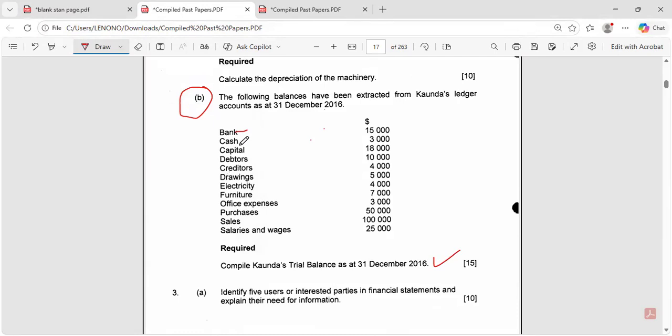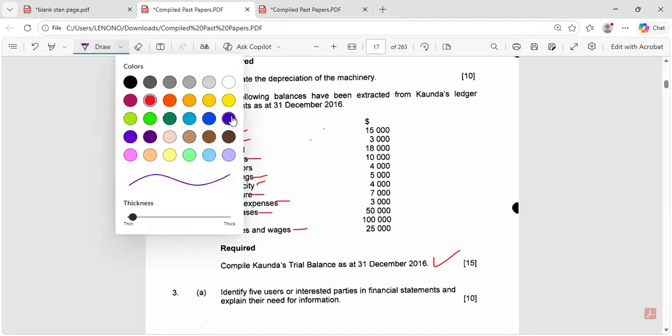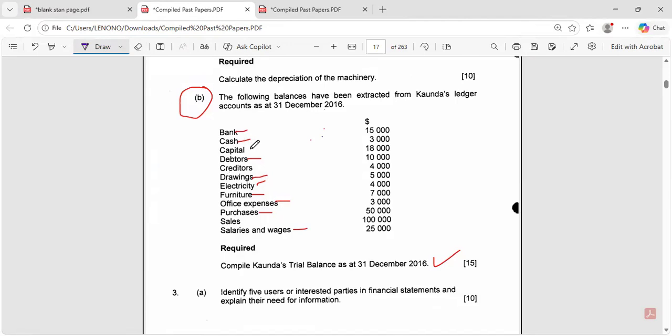So debit, debit, debit, debit, debit, debit, debit, and debit. Those are debits in red. The ones in blue are credit. So this is credit, credit, credit. This one is also a credit. This one is also a credit.